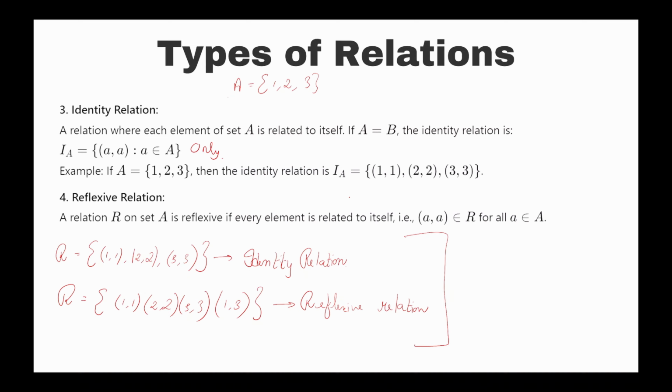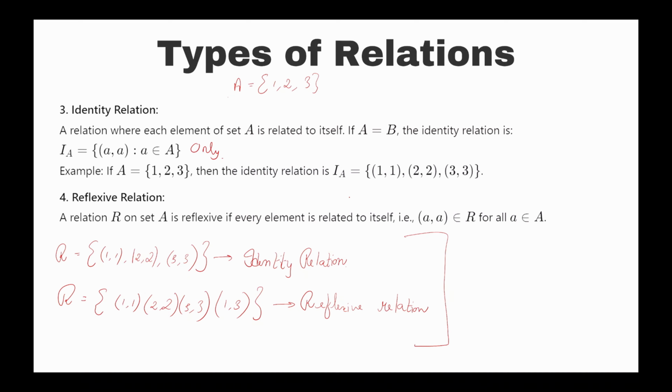Now let's say I also have (1,3) in my set, then this wouldn't be an identity relation now, because there is one pair in which the element is not related to itself. So this would now become a reflexive relation. So this becomes a reflexive relation.